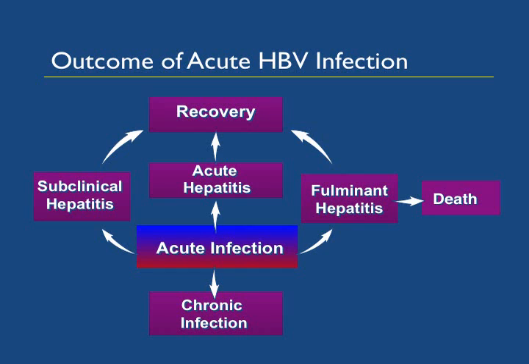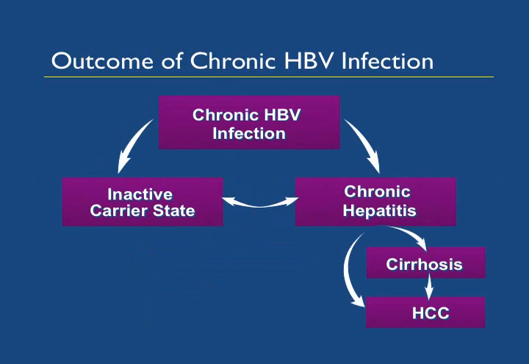So babies frequently go into chronic infection, whereas immunocompetent adults usually recover. Once the patients progress to chronic infection, which is defined as hepatitis B surface antigen lasting longer than 6 months, they may develop chronic hepatitis with progression to cirrhosis and hepatocellular carcinoma, abbreviated as HCC.